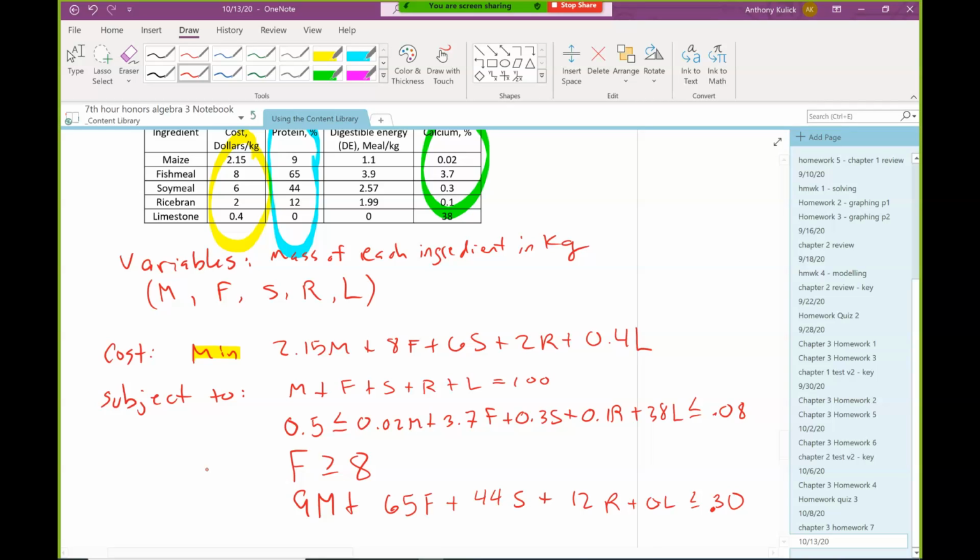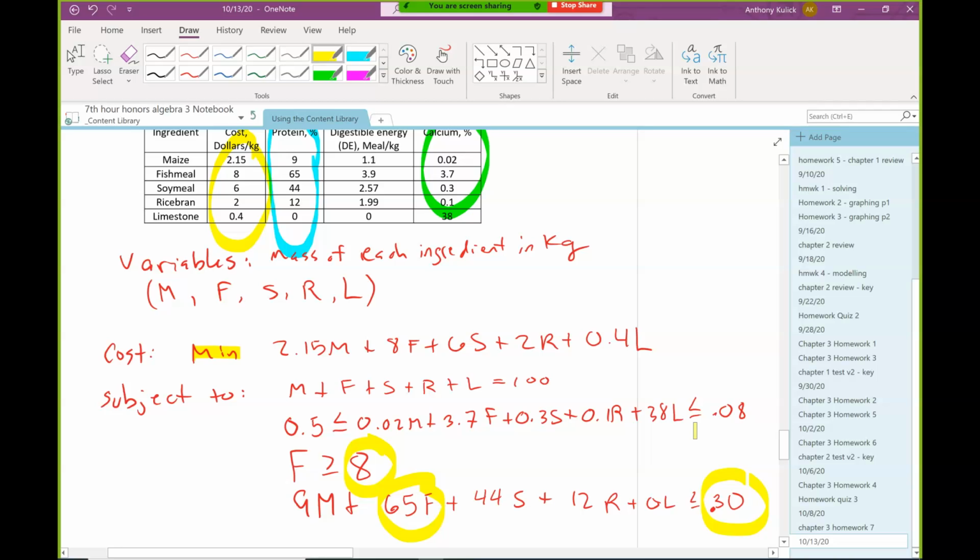Well, I don't think that's the case, because if f is at least 8, 8 times 65 is automatically going to be bigger than 30, right? So there's no solution to that. I think that, because if we think about it, 9% of 100 should be 9, right?